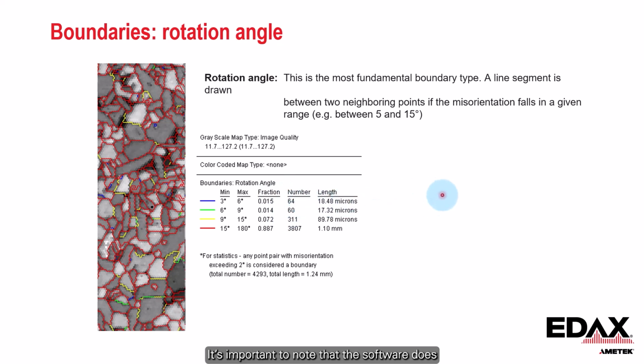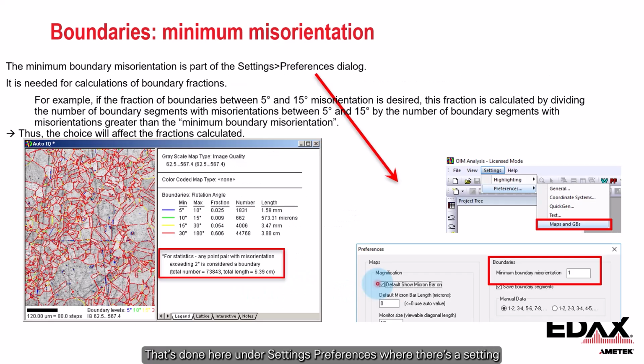It's important to note that the software does have a minimum boundary threshold, typically 2 degrees, but that's something that can be adjusted. That's done here under Settings Preferences, where there's a setting for minimum boundary misorientation. When we adjust that, the values in these statistics will also change relative to the number of boundaries that are then counted.